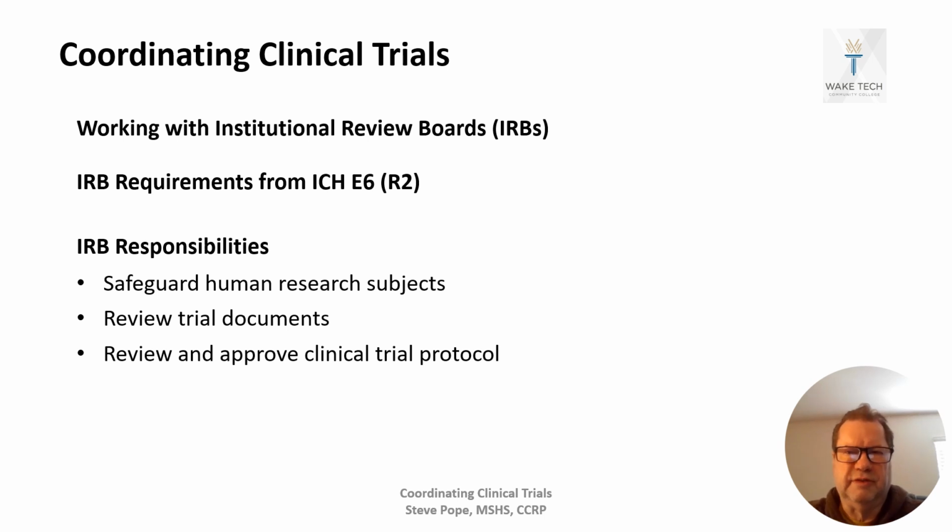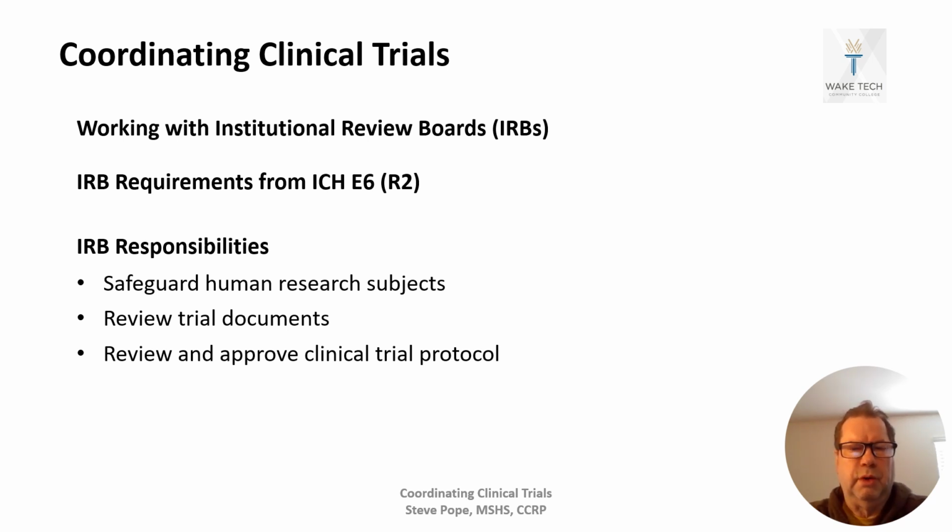So IRB responsibilities include the safeguard of human research subjects. The principal way they do that is by reviewing the clinical protocol, also reviewing the informed consent documents to assess what type of procedures and assessments are going to be done, what kind of medical interventions are going to be done throughout the study, and determine what the safety element is for subjects participating in the study.